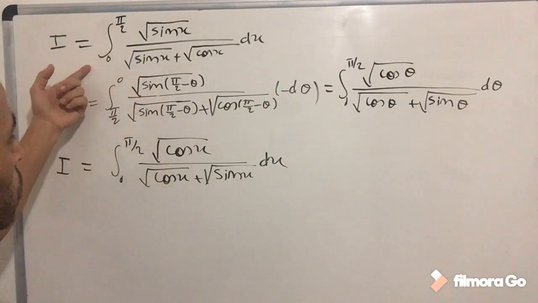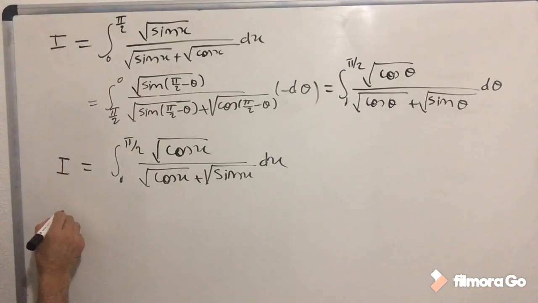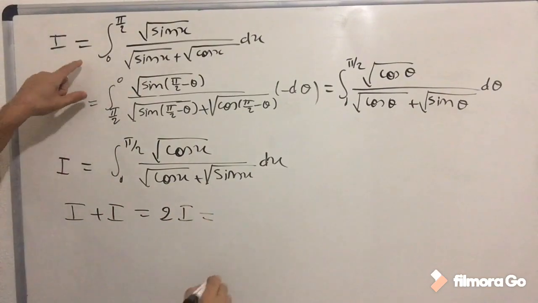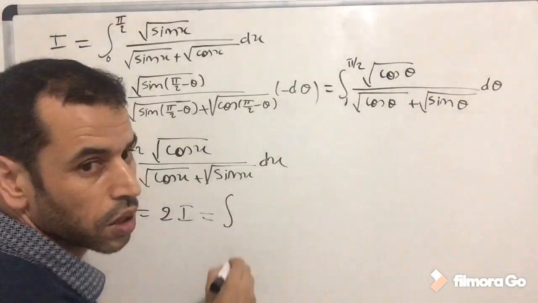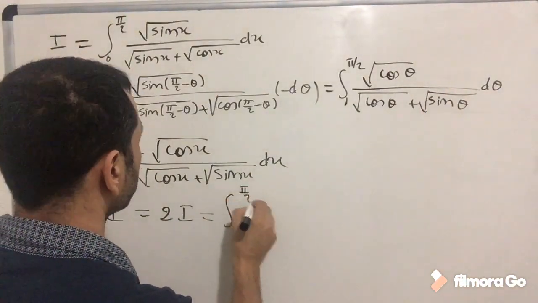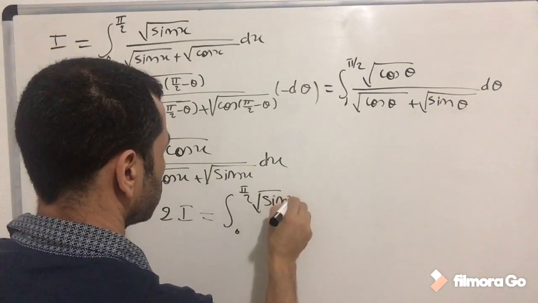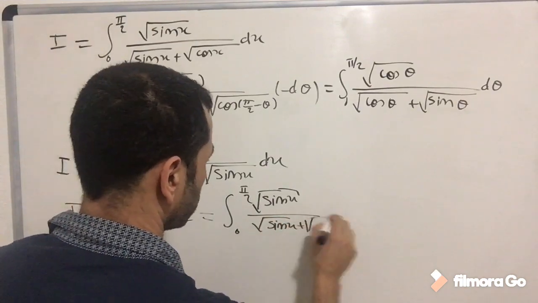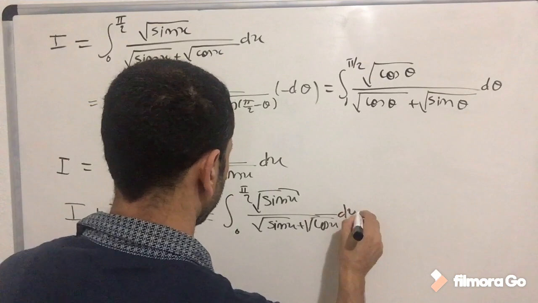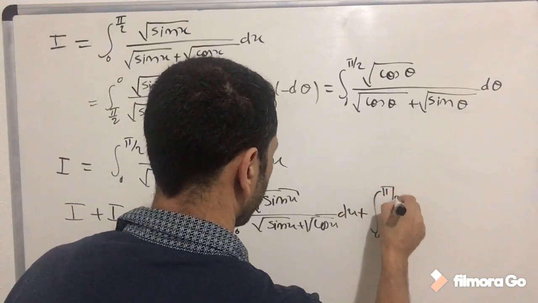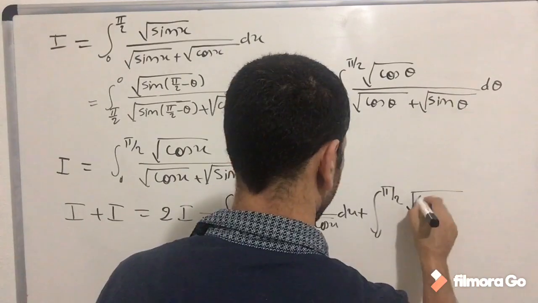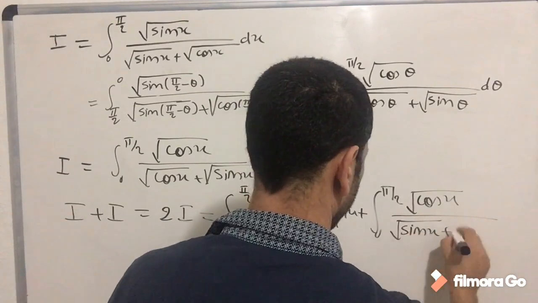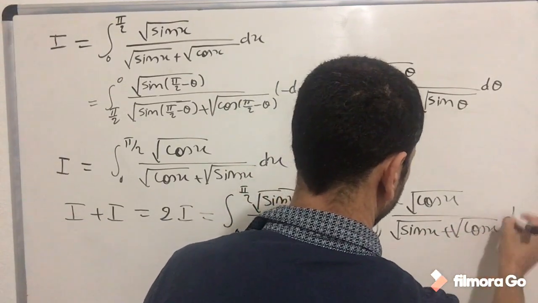The first one is I, and this one is I2. Let's add them: I plus I is 2I, the integral from 0 to pi over 2 of the square root of sine x over the square root of sine x plus the square root of cosine x dx, plus the integral from 0 to pi over 2 of the square root of cosine x over the square root of sine x plus the square root of cosine x dx.